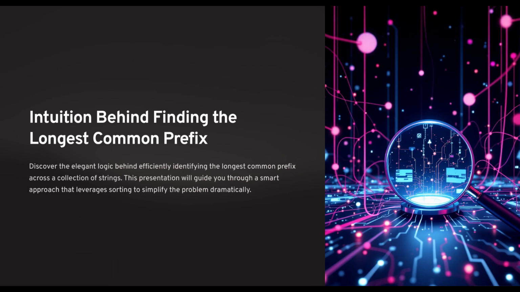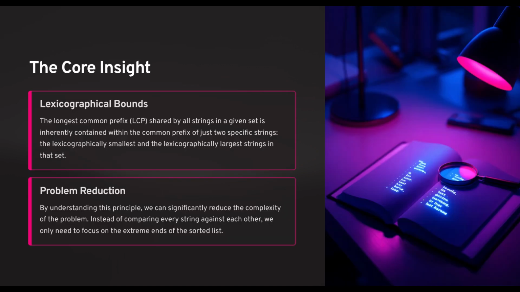The big idea is to discover the elegant logic behind efficiently identifying the longest common prefix across a collection of strings. We'll use a smart approach that leverages sorting to simplify the problem dramatically. Why does this work? Stick around, it's genius once you see it. Here's the core insight.